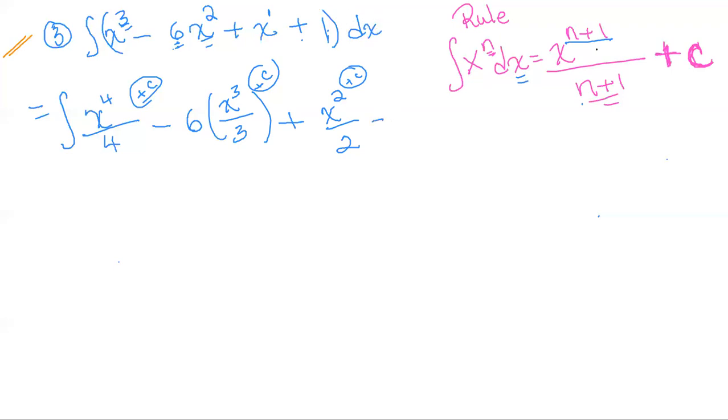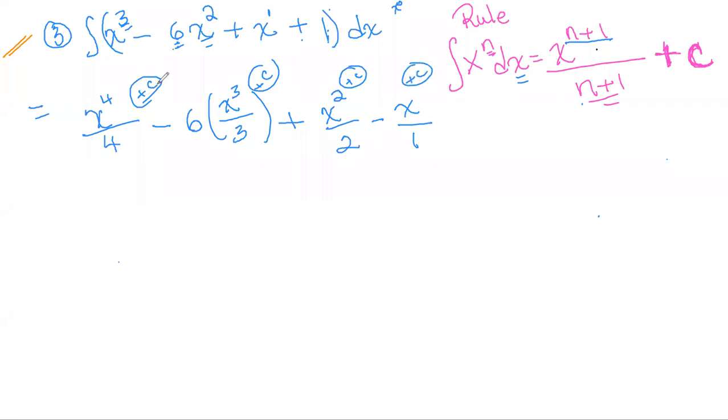So I'm going to add 1 to 0. That gives me 1. So that's x to the first power over 1, or just x. And I should not have put this integral here. Sorry. And then plus c.